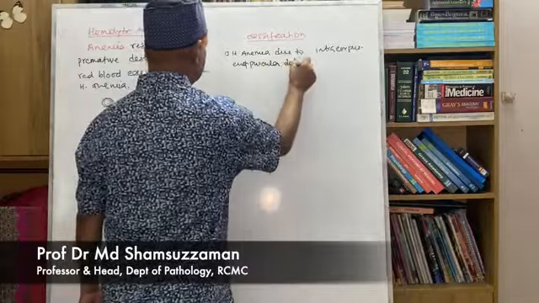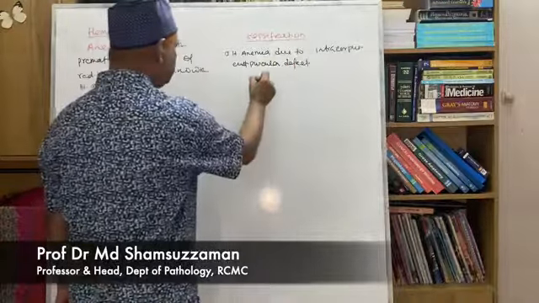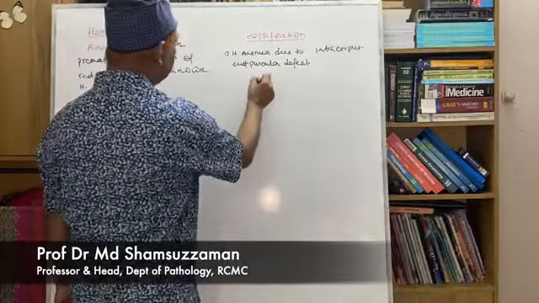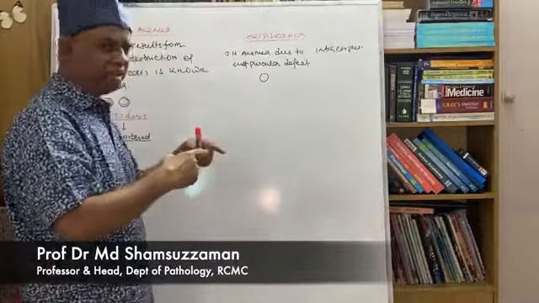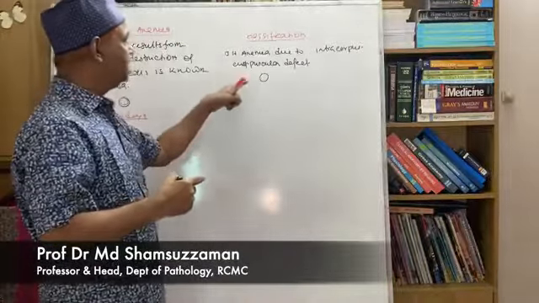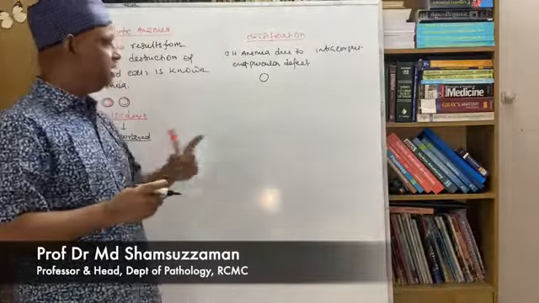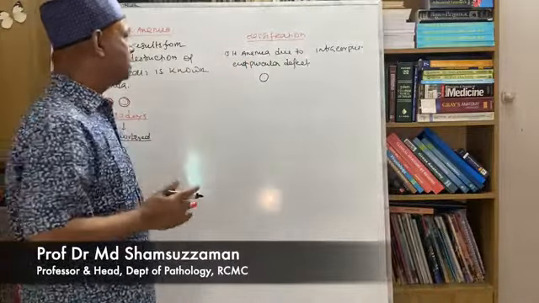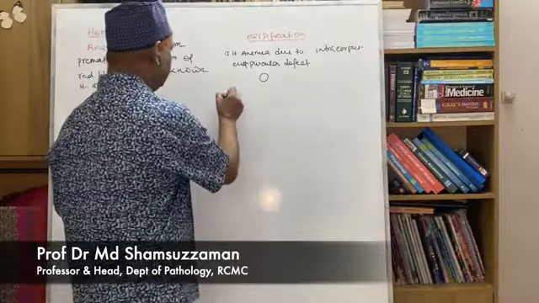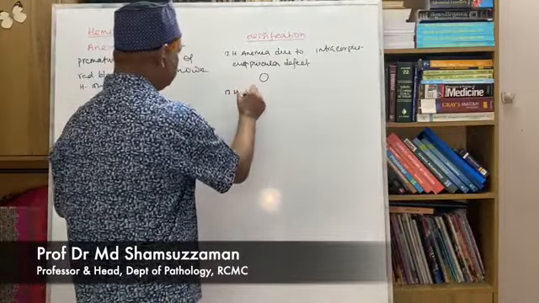That is, if there is any defect within the RBC itself, then there is hemolytic anemia. This is called hemolytic anemia due to intracorpuscular defect. It is an intrinsic mechanism.